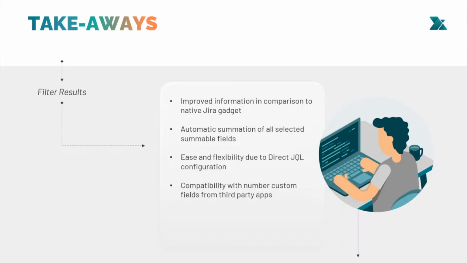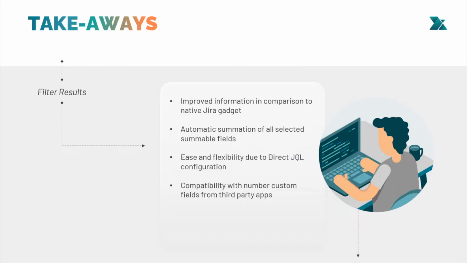Perfect. So as we could see here, the filter results gadget by sumUp improves on the native one by giving you more information in the same space with this additional totals row at the bottom, and it's automatically compatible with any or all selected summable fields.